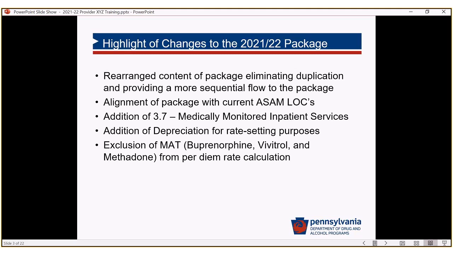And then we took out the medication-assisted treatment for buprenorphine, Vivitrol, and methadone, for medications that are used for the treatment of opioid use disorder. We took that out of the rate calculation, and so the calculation is really for the actual level of care itself, and the medication would then be a separate rate, a separate cost.